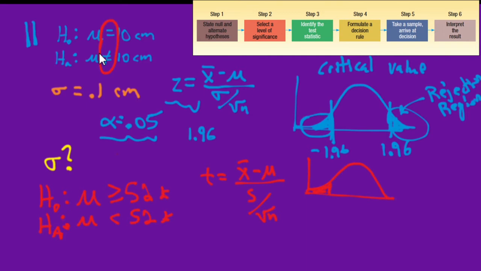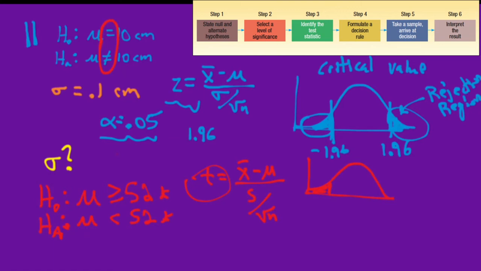Now again, in our red scenario down here, because we're working with a one-sided test, and since we're working with a t-statistic, the process is a little bit different. We're going to need to know our sample size, and we're going to need to incorporate that as we develop our critical values, or in this case, a single critical value.